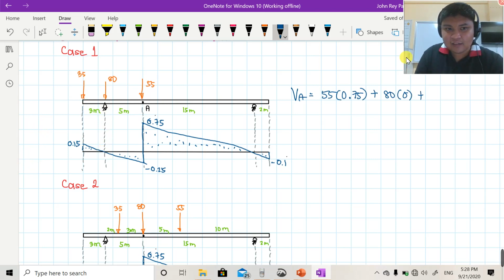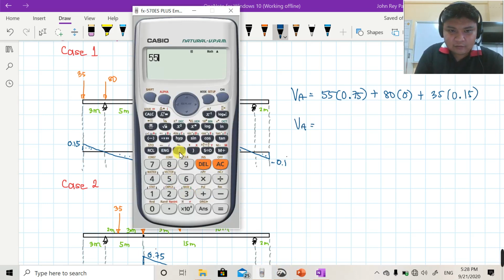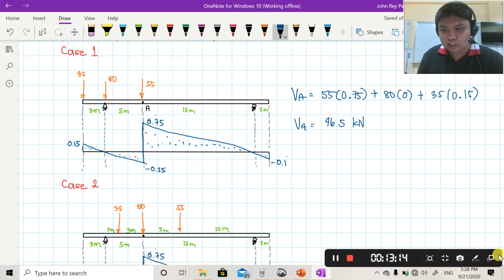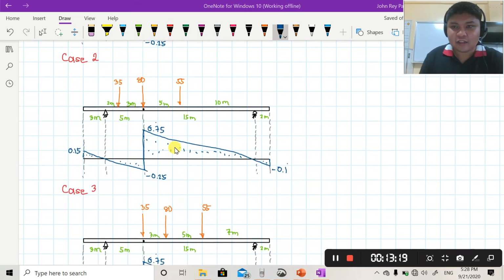And lastly, yung 35, imumultiply natin ng 0.15. Okay, so yung VA natin ay magiging 55(0.75) plus 80(0) plus 35(0.15). Tama ba? So yes, the correct answer will be 46.5 kilonewton siya.